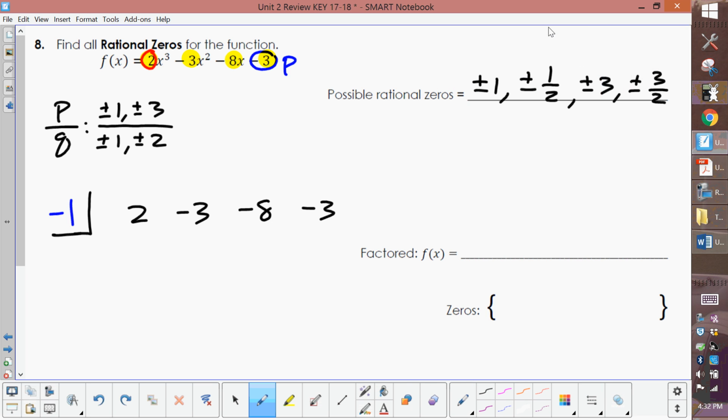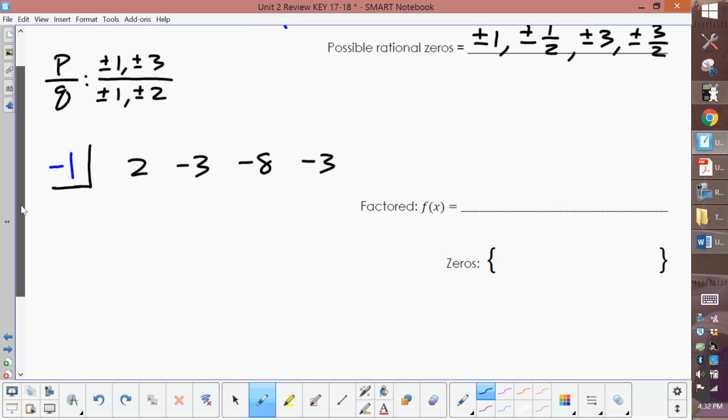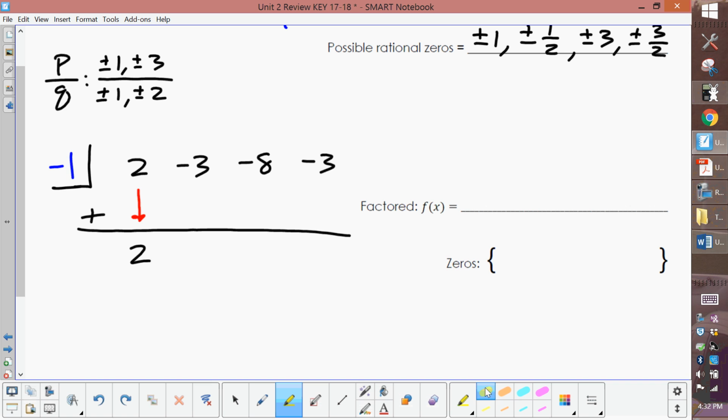All right, now that we have this, I'm going to scroll up here so I can see a little bit better. I'm going to put a plus here. My first number drops straight down. The way I get this next number is I multiply the bottom row by whatever is in the box. Right here, I'll draw an arrow up, and that will produce a -2.